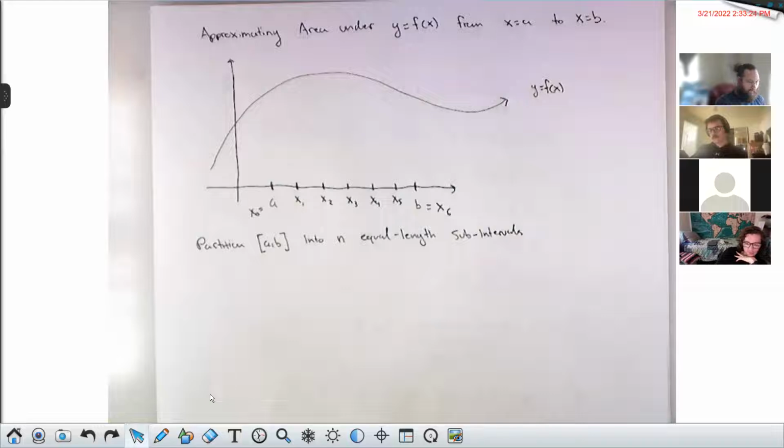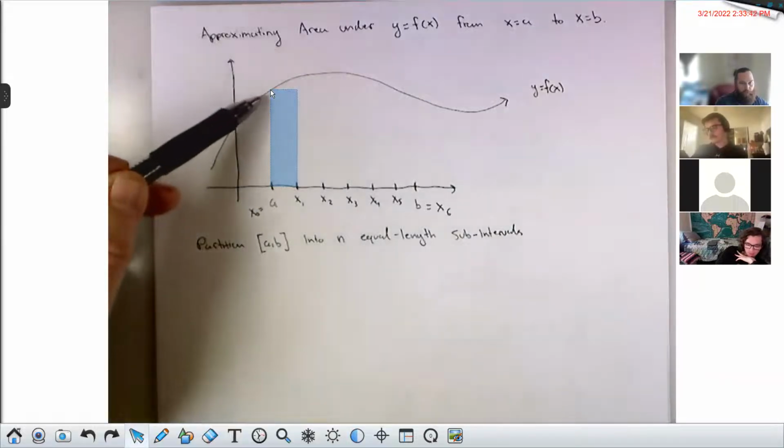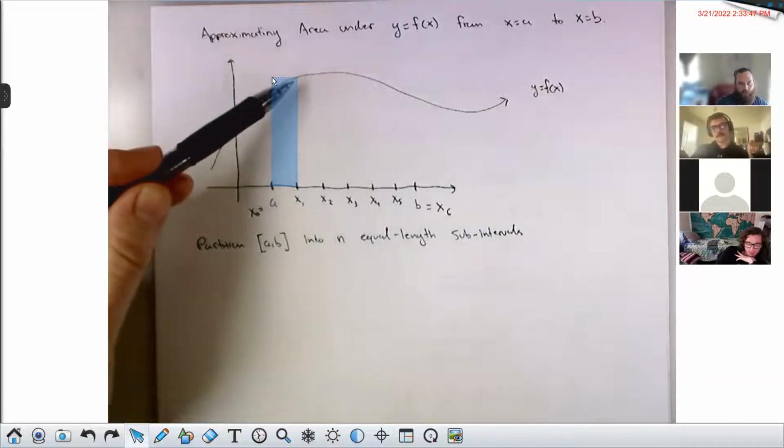And then there's two different ways I can construct a rectangle for each of these subintervals. I'm going to come to this subinterval, and I'm going to draw in here a rectangle whose height is determined by the height of the function. I can do it like this, where the height comes from the left endpoint, or like this, where the height comes from the right endpoint.